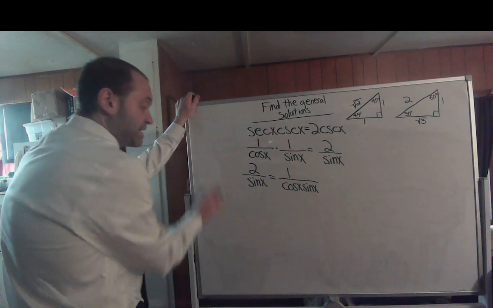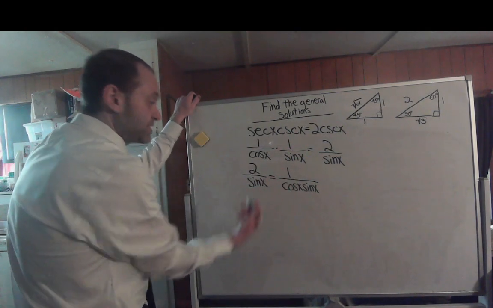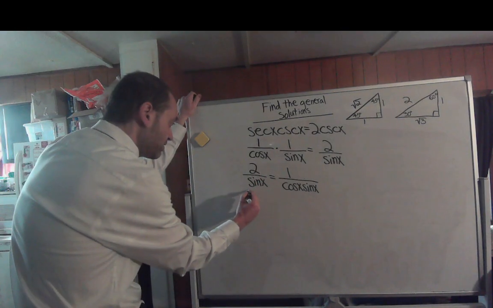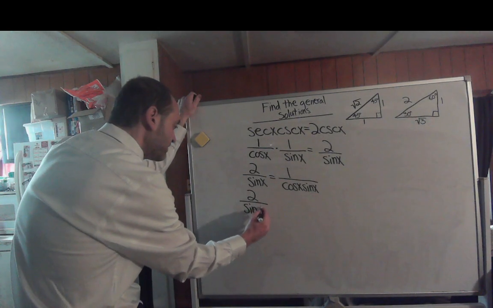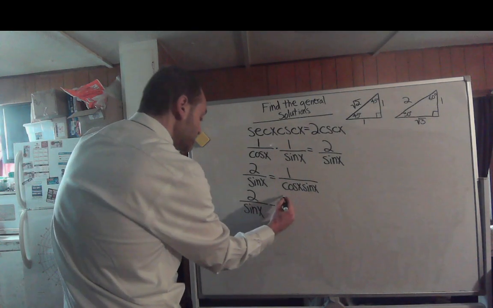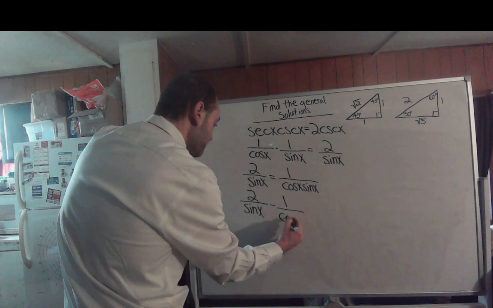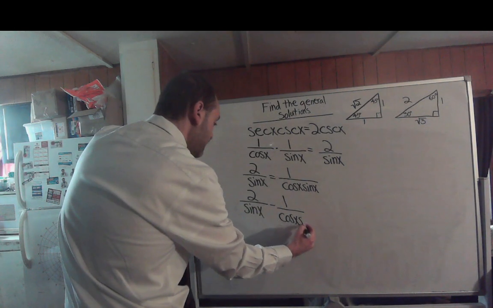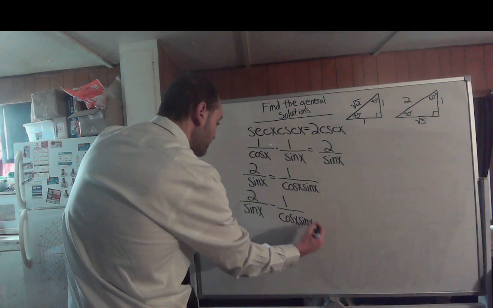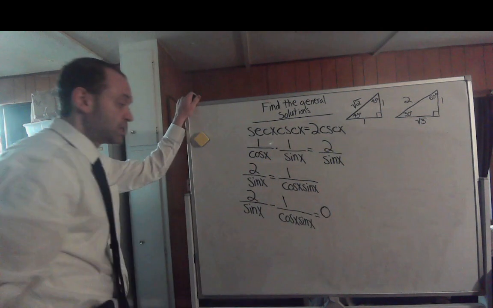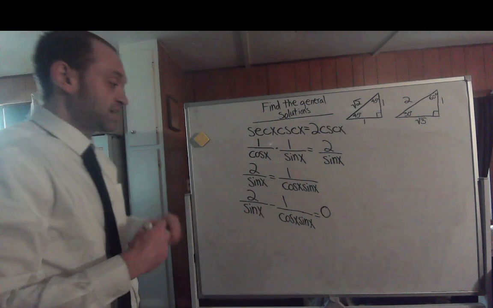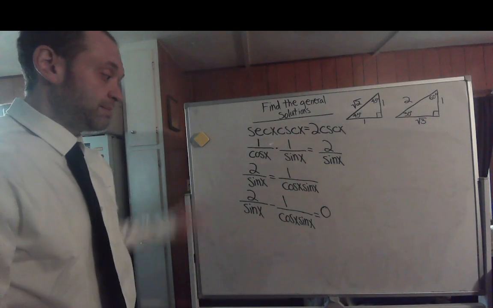So what's about to happen here? We want to get this right side equal to 0, so this would be 2 over the sine of x minus 1 over the cosine of x sine of x is equal to 0. Well, I think it's safe to say we definitely want to get a common denominator, right?